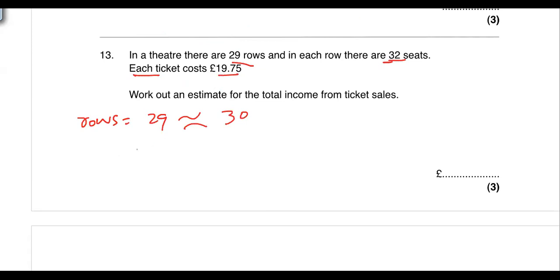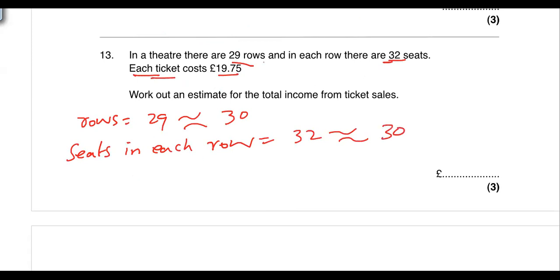Seats in each row are 32, so round them to one significant figure will be 30. So what will be the total number of seats? Now total seats will be 30 rows, each row has 30, so 30 times 30 will be 900.